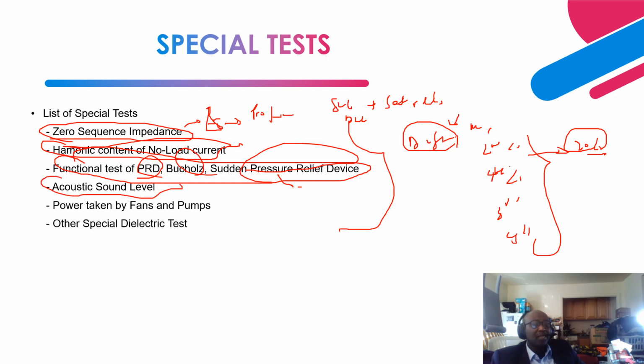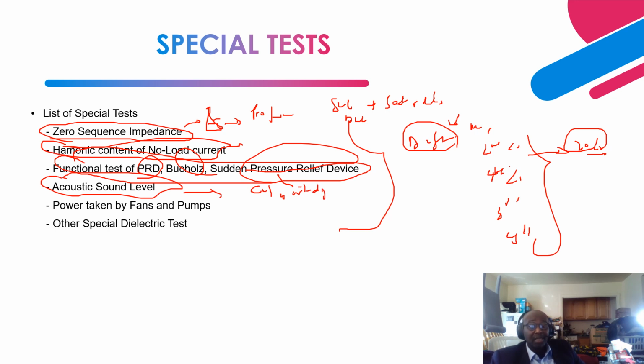Next is acoustic sound level, right? Sometimes certain power transformers have to be located in certain vicinities, certain areas, certain neighborhoods, certain facilities, right? Based on the city ordinance, sometimes the city will require certain noise emissions in dB to be curtailed.